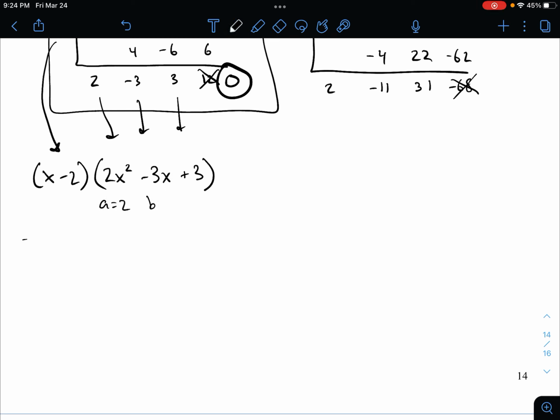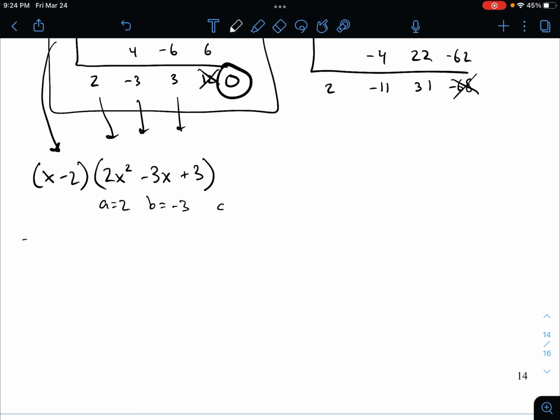And we're going to go ahead and a is 2, b is negative 3, c is positive 3. So we've got x equals negative b plus or minus the square root of b squared minus 4ac all over 2a.